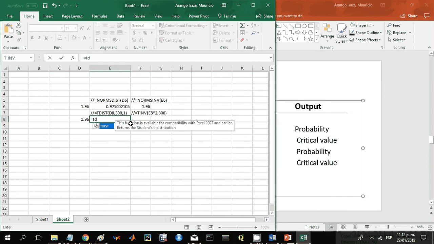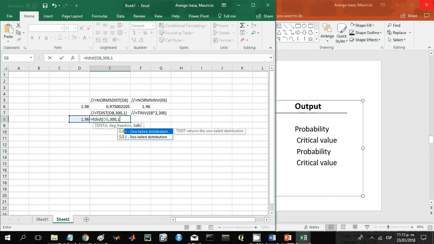So Excel, let's get the t-distribution for this one number. I'm going to say that the degrees of freedom is a large number, 300. That will make the normal distribution and the t-distribution very similar. If you have a big sample or a lot of degrees of freedom, these two are going to be very similar.